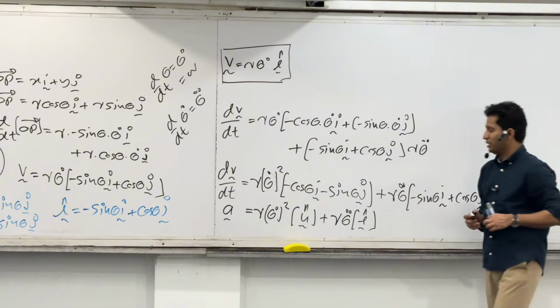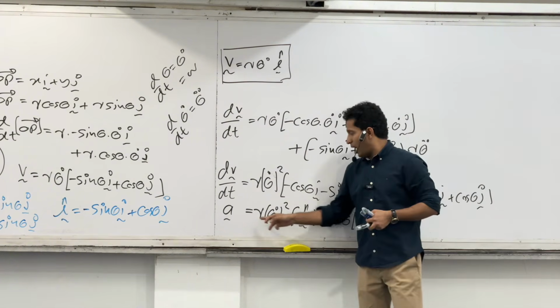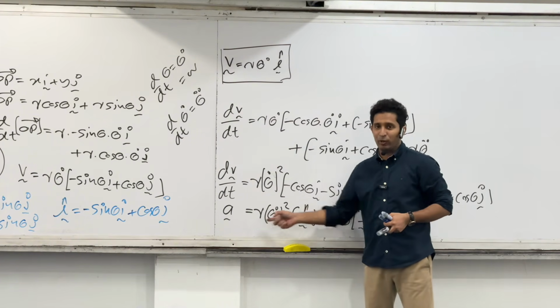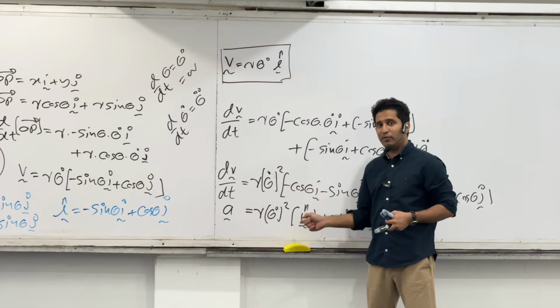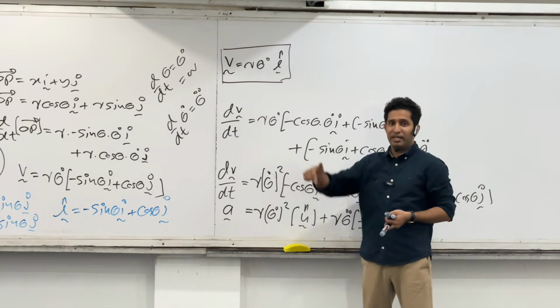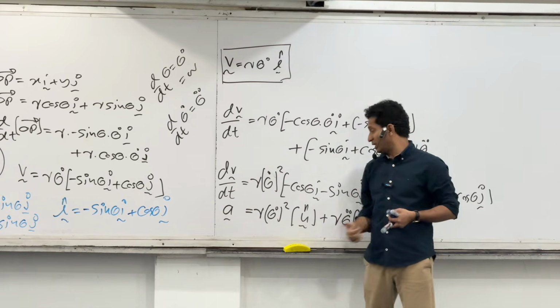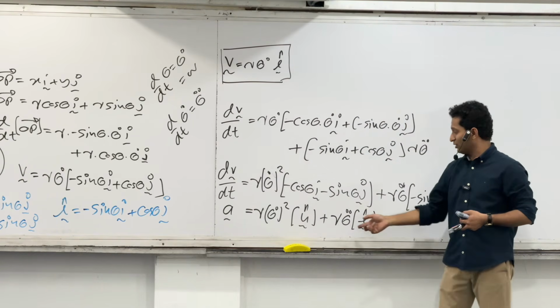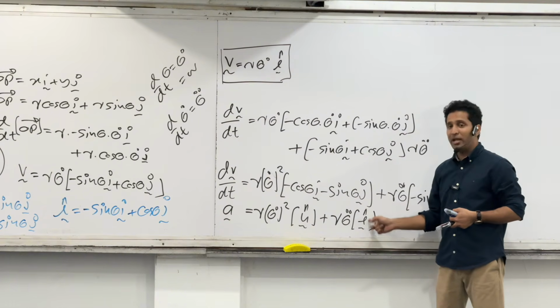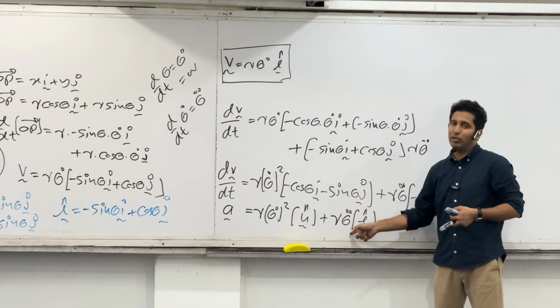Now here the acceleration r theta dot squared, that means r omega squared, and the unit vector shows the direction: in the direction of PO, otherwise towards the center. And there is another acceleration in the direction of l hat, which is r theta double dot.